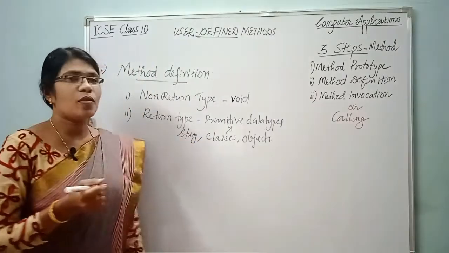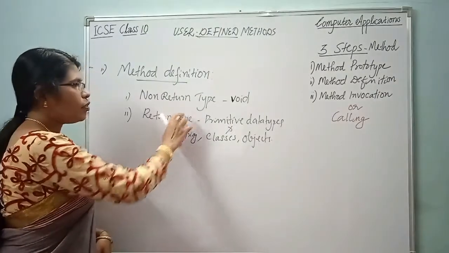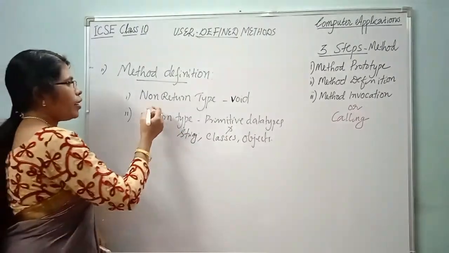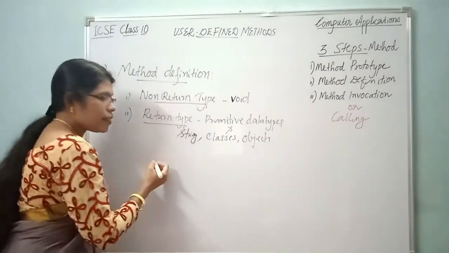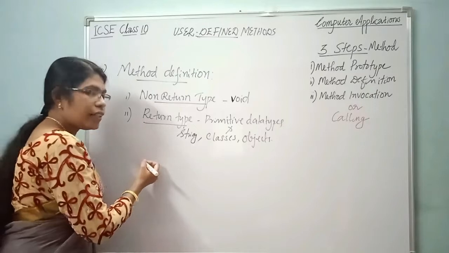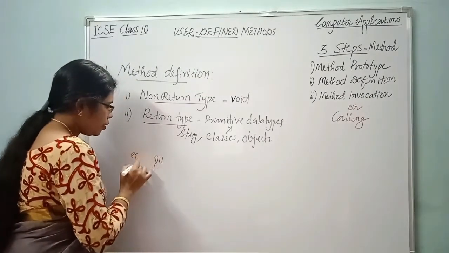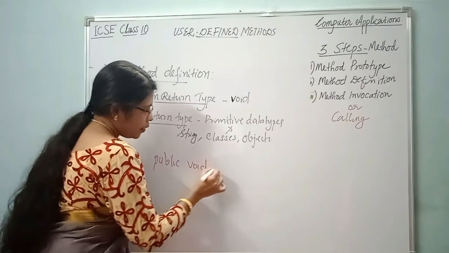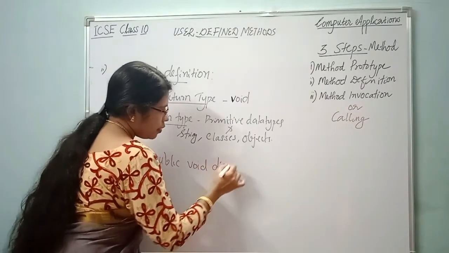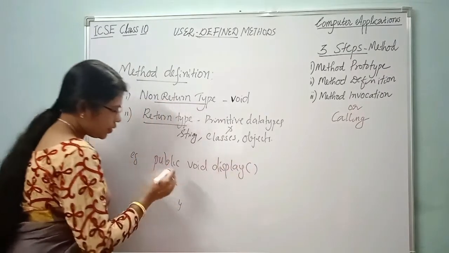Okay, the next one is that a function can be defined using any one of these forms. That is, one is non-return type or other is return type. While we discussed the general syntax and how to define a method, we did an example, public void display, in the previous session.